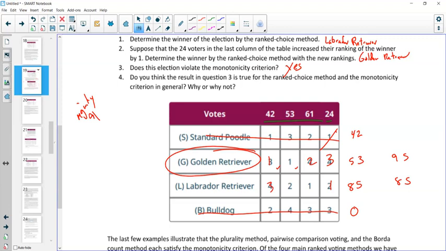Do you think the result in question 3 is true for the ranked choice method and the monotonicity criterion in general? Why or why not?